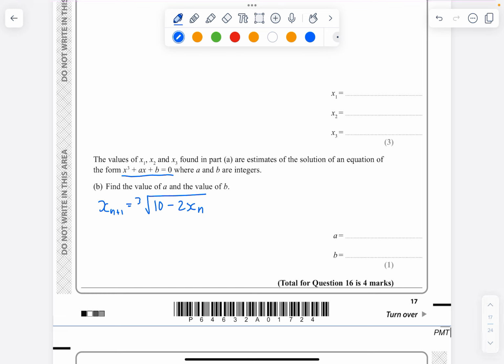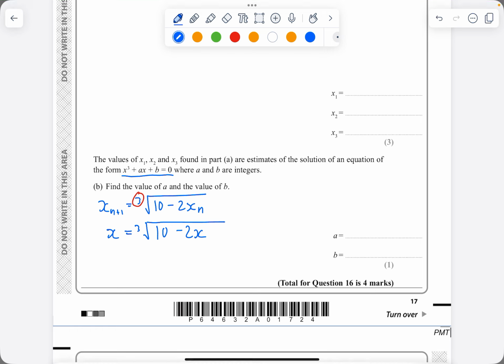Okay, so now we want to get back to that cubic. Well, as it's got a cube root, we know that if we cube it, we can end up with something. So let's just write this as, forget the n and n plus 1. This is just x is equal to the cube root of 10 minus 2x.